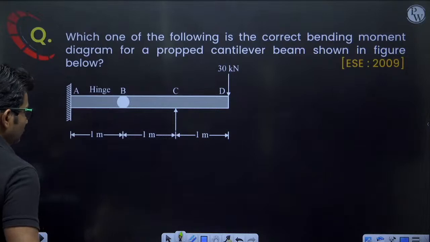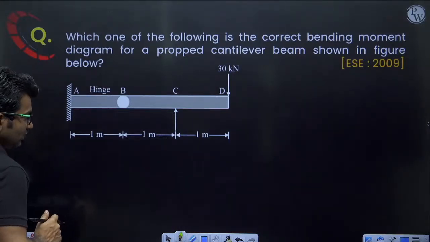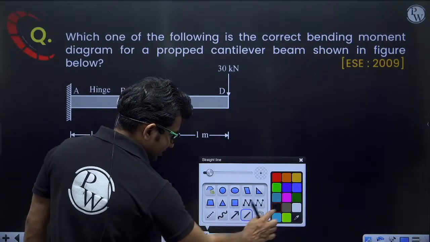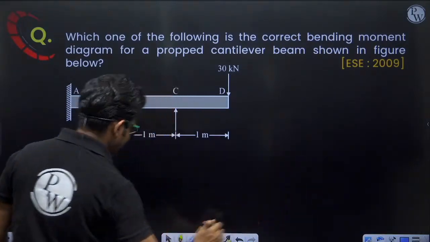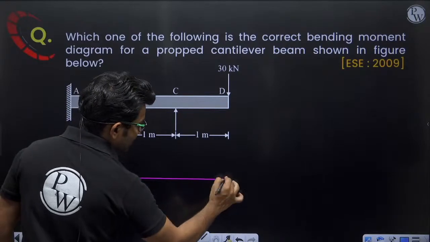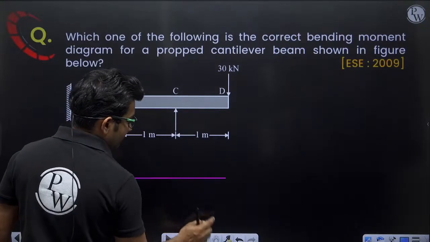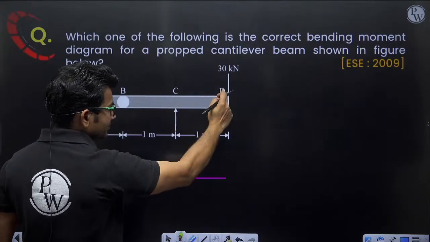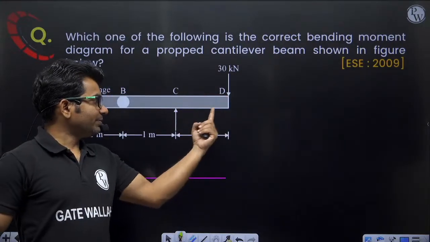Now you just see, if I want to draw the bending moment diagram, how can I draw it? In this region, from here to here, it is 30 into perpendicular distance.